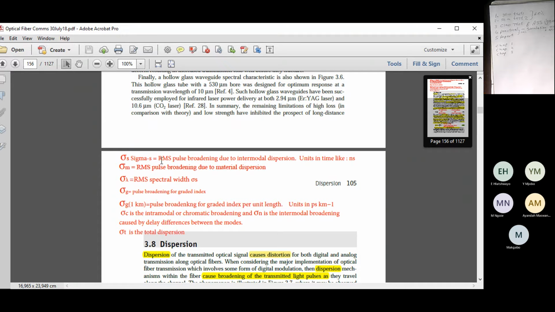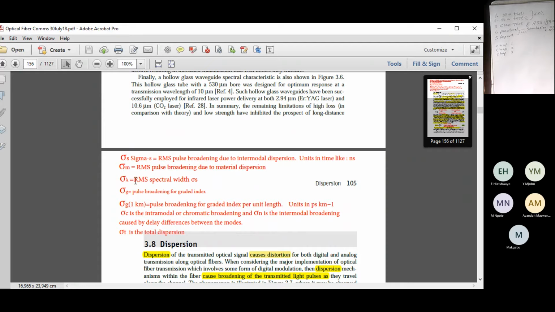So sigma S is the RMS pulse broadening due to intermodal dispersion. Sigma M is the RMS pulse broadening due to material dispersion. This one is due to intermodal dispersion, and this is due to material dispersion. See the difference?